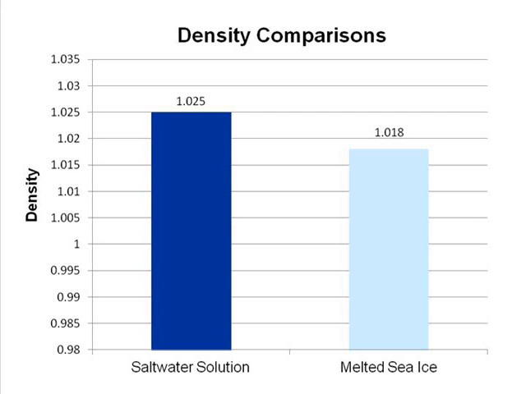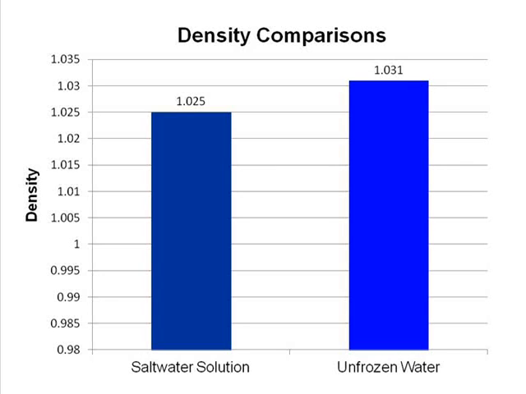We can see that the density of the sea ice was less than the saltwater solution. This means there isn't as much salt or any other impurities in it. The unfrozen salt water was more dense than the saltwater solution. So let's review. How did it get that way?